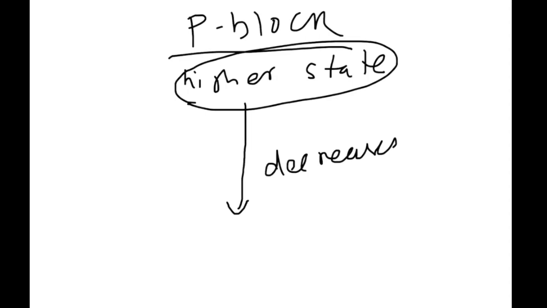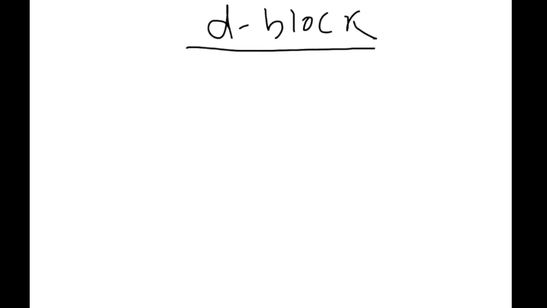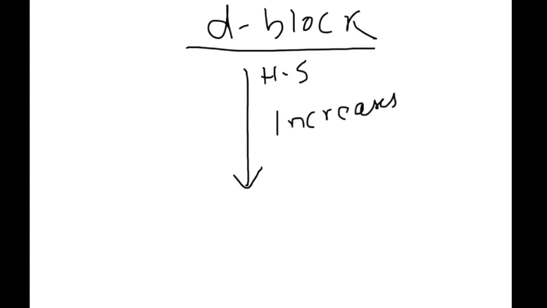If we move down the group, the stability of a higher state decreases, the stability of a lower state increases. But in the D block, the stability of a higher state increases down the group.